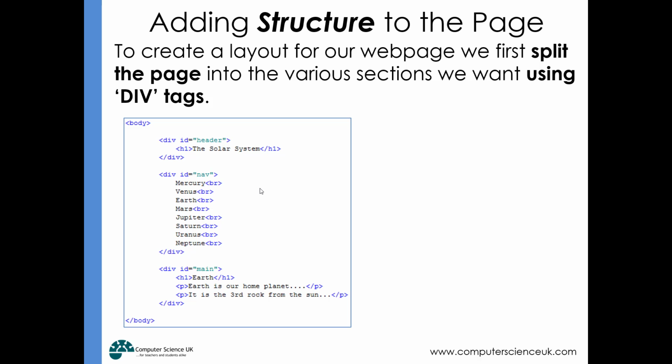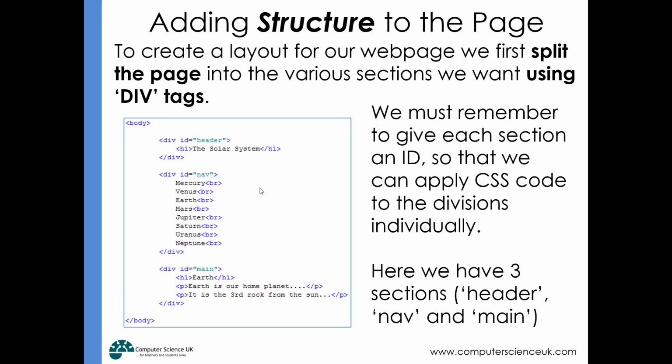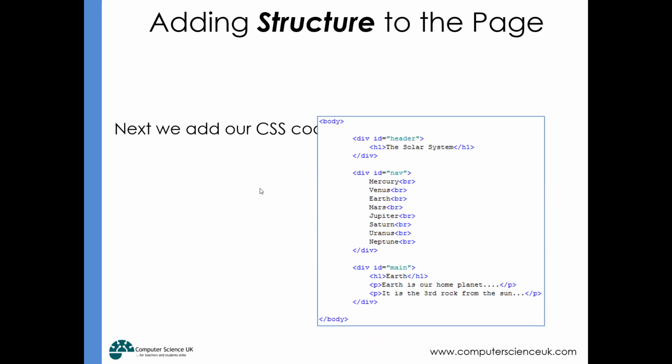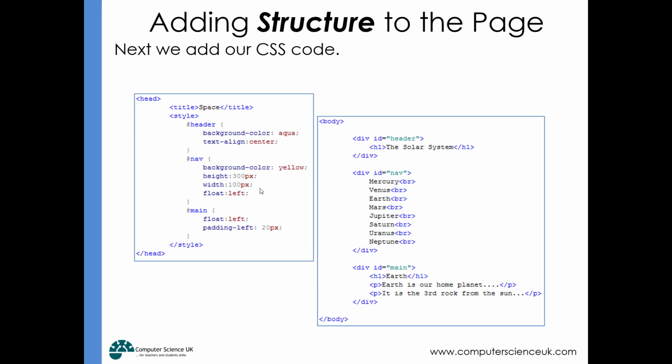I want the header division to be at the top, like a big header banner going along the top. And then I want my main division to be to the right of the menu bar, so that we create a structure. The structure can be created using the following CSS code.